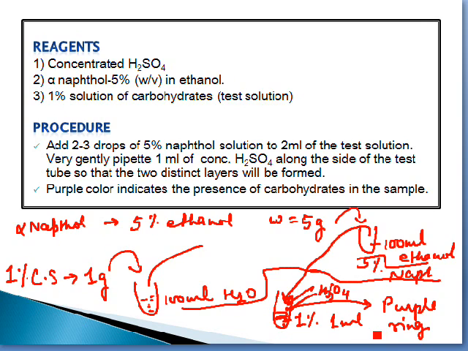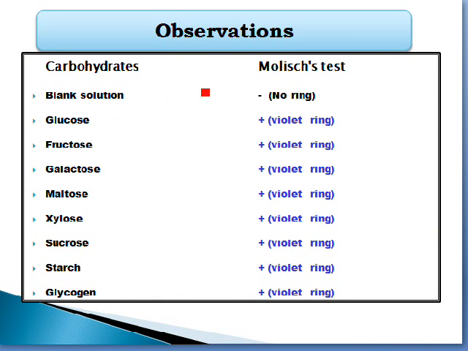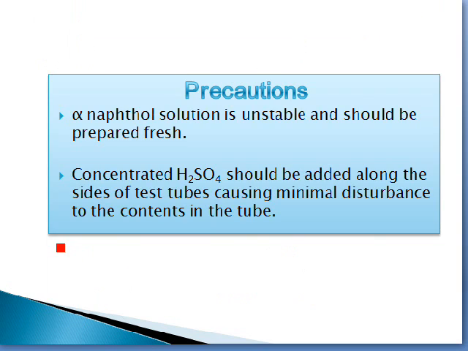Okay. Now this table indicates the carbohydrate test and its final observation. All carbohydrates will give this test, whether monosaccharide, disaccharide, or polysaccharide, and reducing and non-reducing sugars also give all these tests. One thing, for this experiment you have to take some precautions.